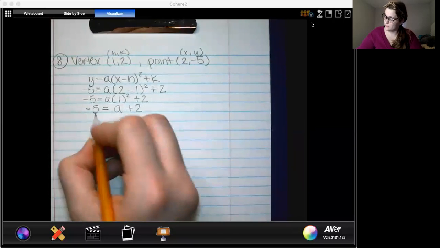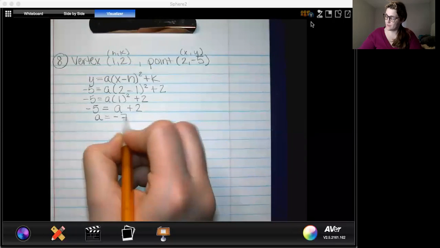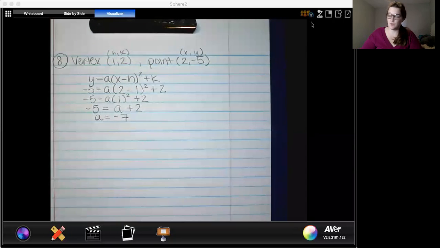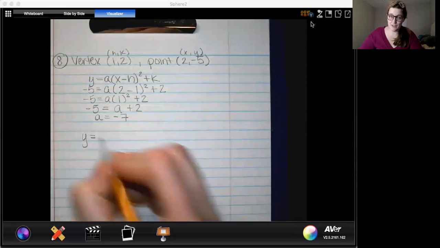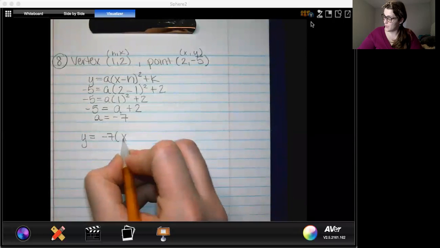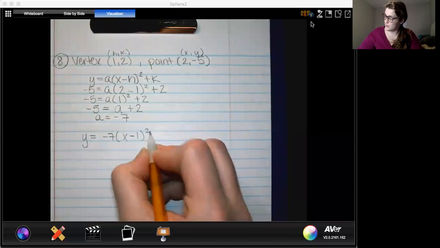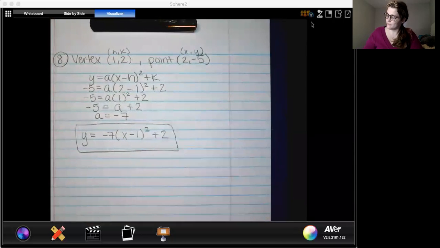And subtract 2, I would get that a equals -7. So therefore, my final answer would be with a, h, and k: y equals -7 times x minus 1 squared plus 2. And that's number 8.